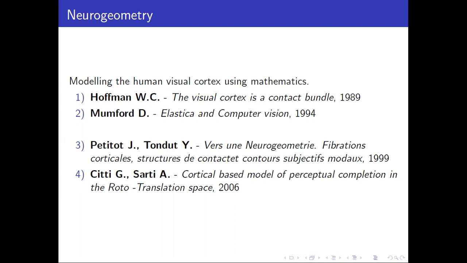Visual cortex is a contact bundle, which is a very provocative title for a paper, because the visual cortex is a piece of our brain, and the contact bundle is a sophisticated mathematical concept, so it's very strange. Now, a few years after that, this modeling came David Mumford, you probably don't know who this guy is, right?